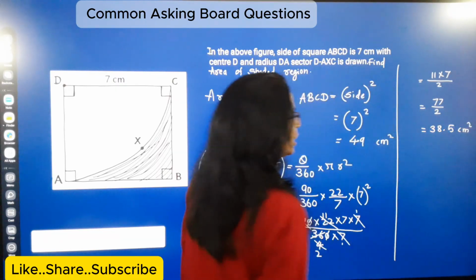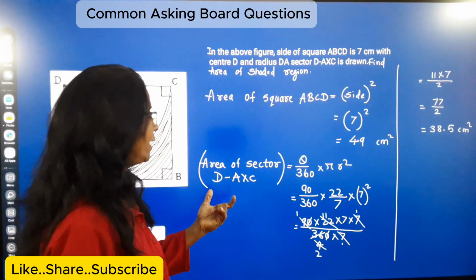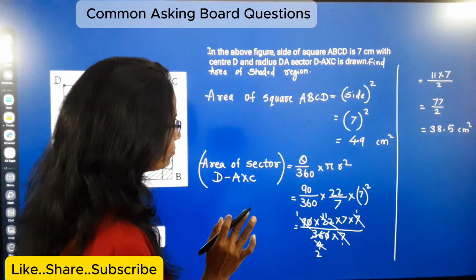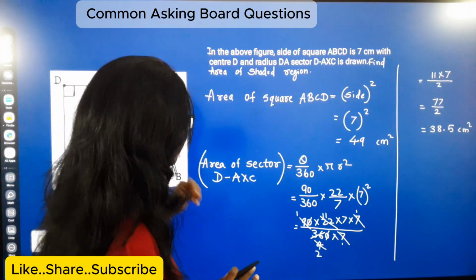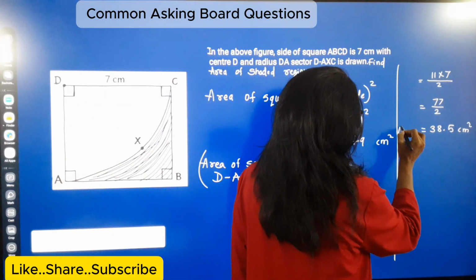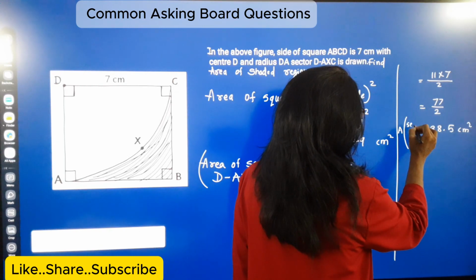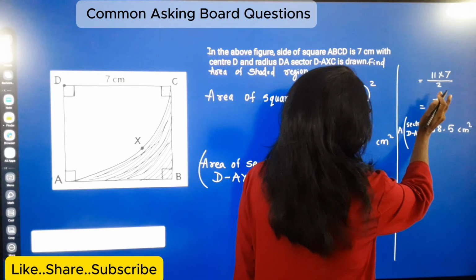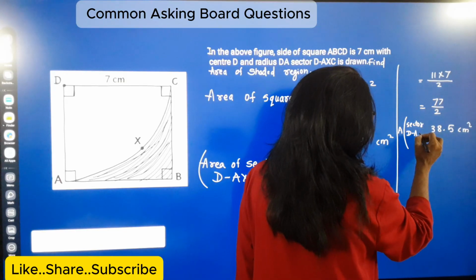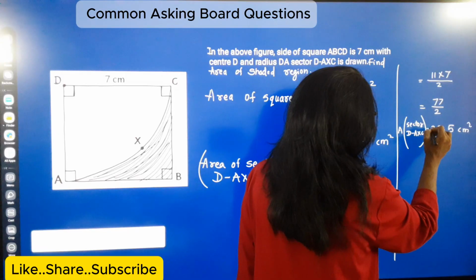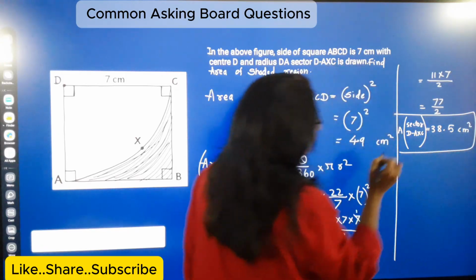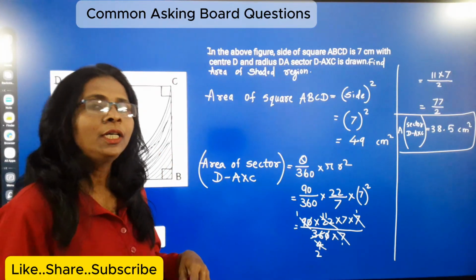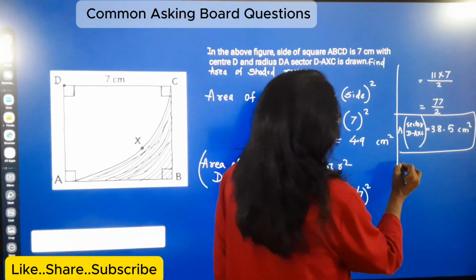square centimeter. So here we write that area of the sector DAXC is equal to 38.5 square centimeter. Then now, students, area of the shaded portion. Now you calculate it.